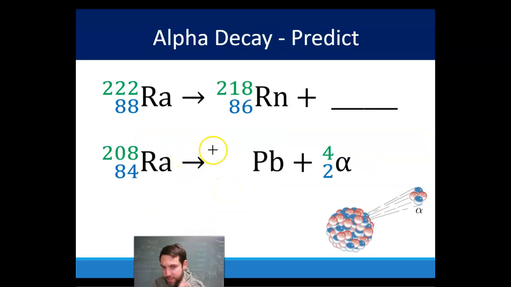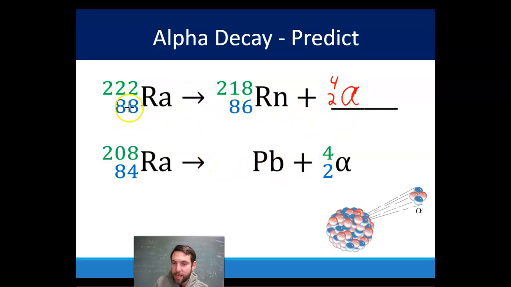Alpha decay. Predict what's going to happen over here. Well, I mean, it's alpha decay slide. We're working on alpha decay. It's probably going to be an alpha particle, right? 4, 2, alpha.